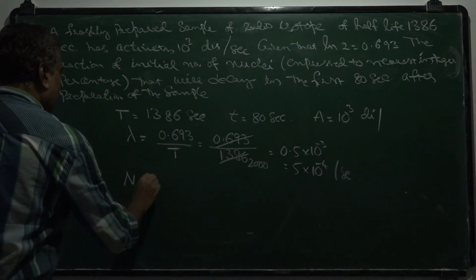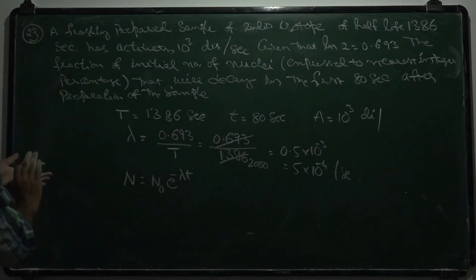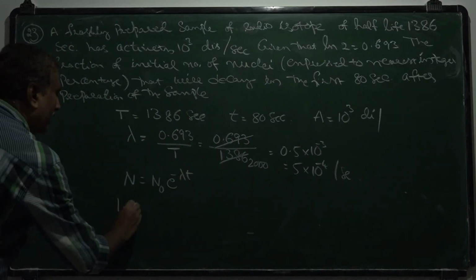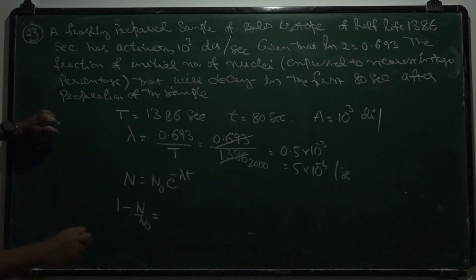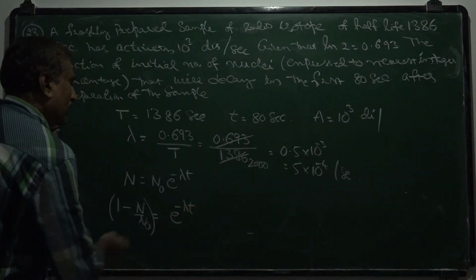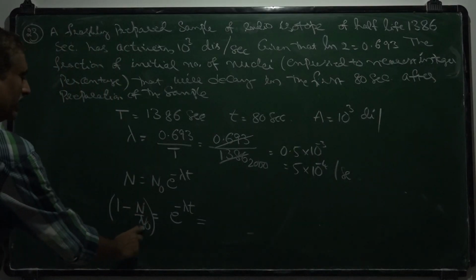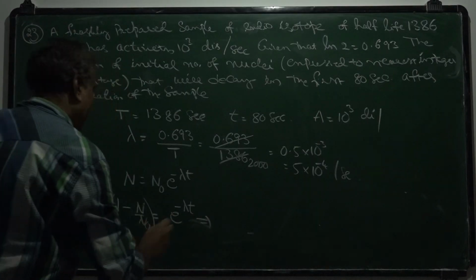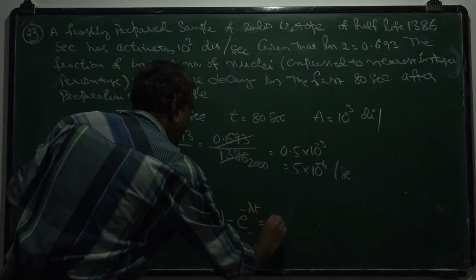Now N is equal to N0 e power minus lambda t. What will decay means 1 minus N by N0, that we have to calculate. The fraction remaining is e power minus lambda t, so the fraction decayed is 1 minus e power minus lambda t.